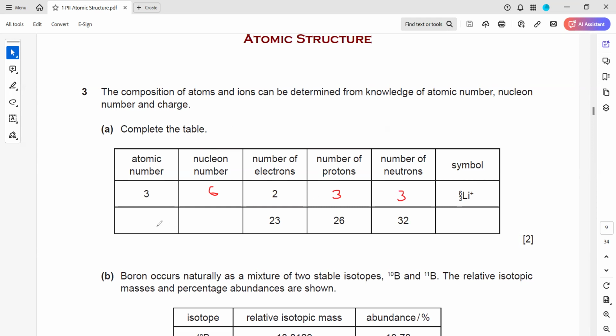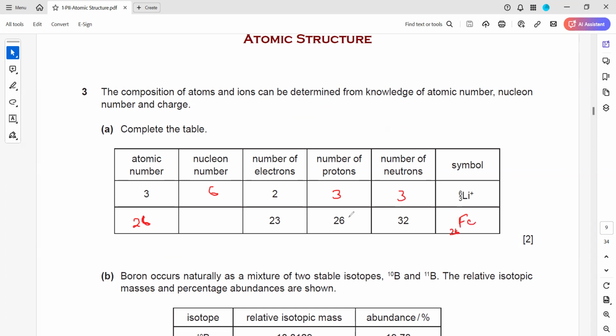Then if the proton number is 26, the atomic number will be 26, and you have to check the periodic table for which element has atomic number 26. When you check the periodic table, it will be iron, Fe, and atomic number is 26.